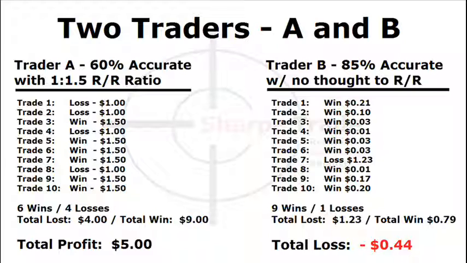The guy who only had a 60% accuracy rate was actually net profitable. Trader B, with a higher accuracy rate, is operating at a loss. And there's a lot of psychological reasons as to why that happens. They want the win so bad, they grab the wins too fast. They don't have some objective measure for letting a trade just go.